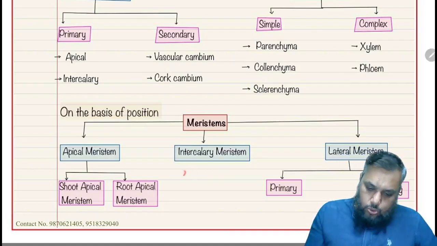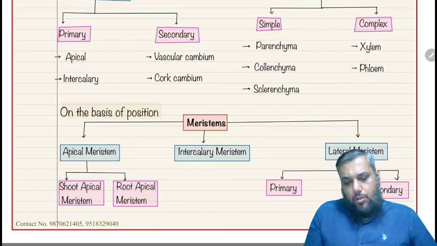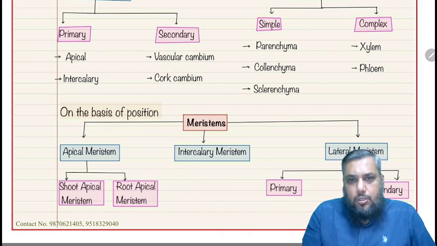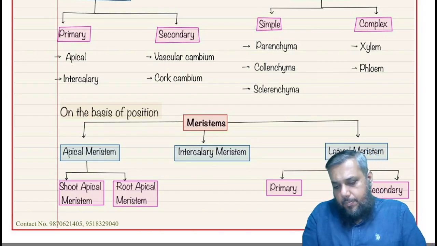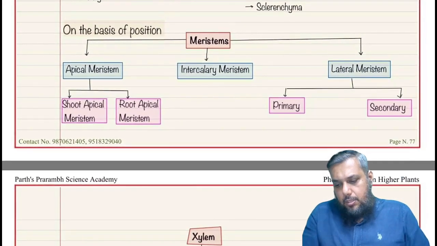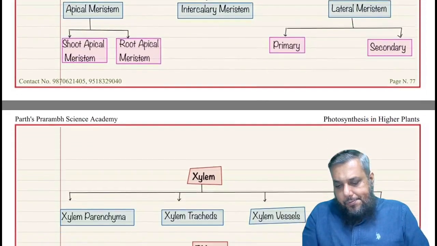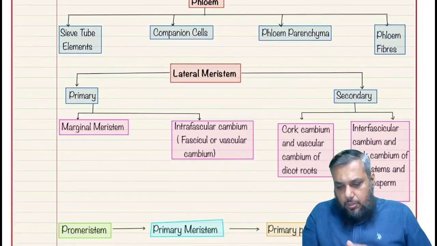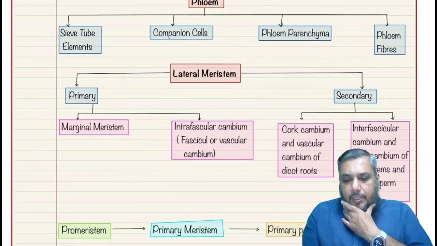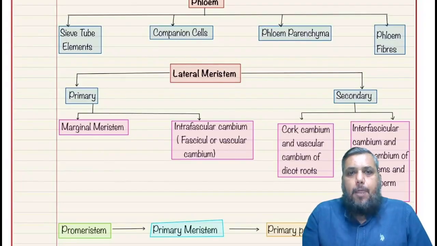So this also includes your axillary buds, which on the basis of their origin are primary, but on the basis of their locations, they are intercalary. Then the lateral meristems are of two types, the primary and the secondary lateral meristems.